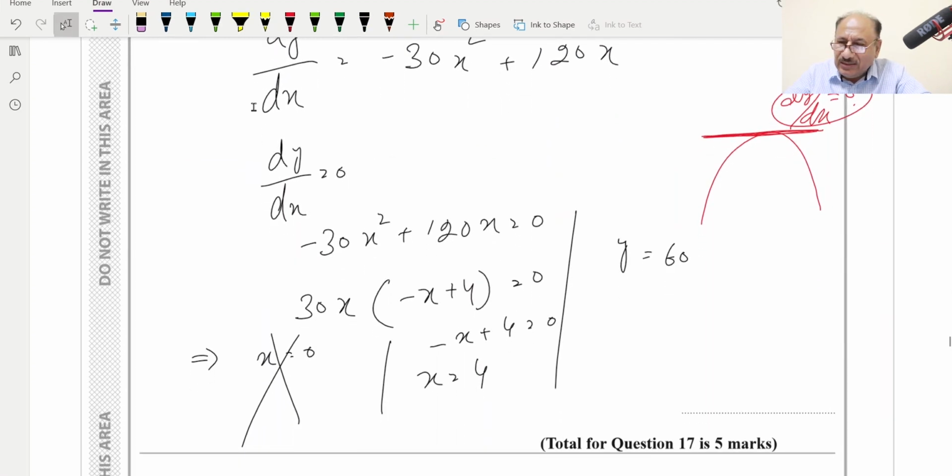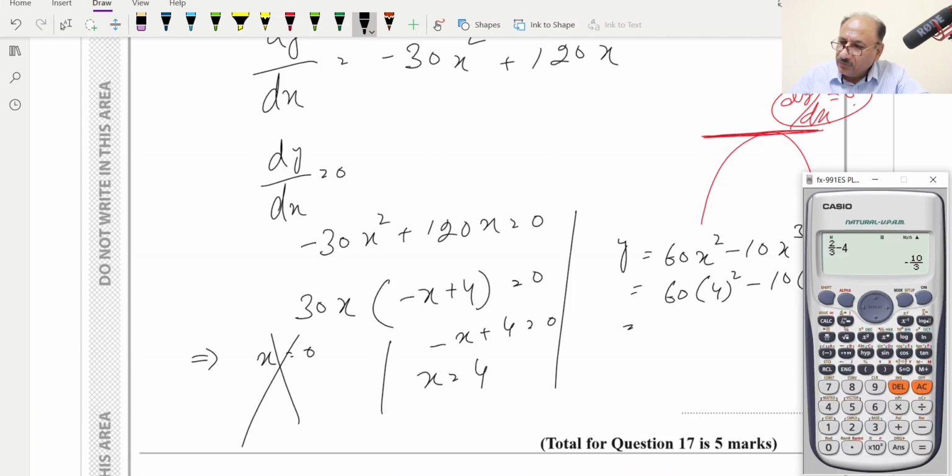We replace x by 4, so it will be 60 into 4 squared minus 10 into 4 cubed, and we can use a calculator for this one.